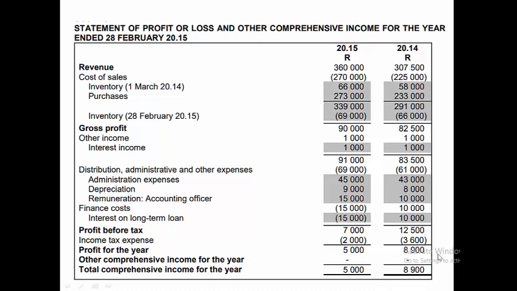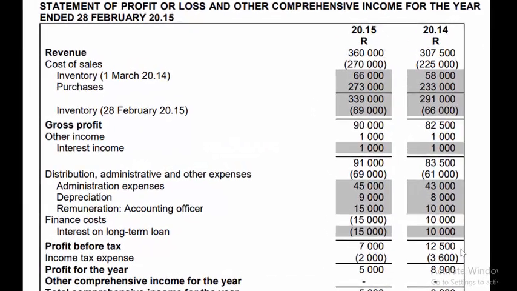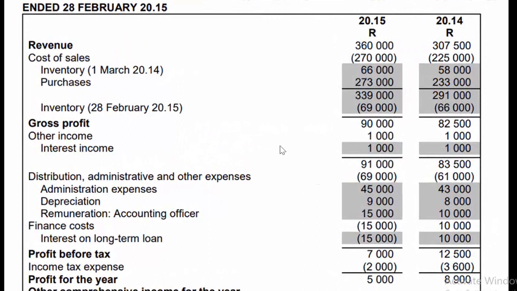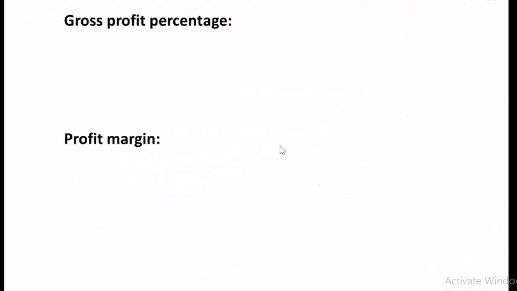To start off calculating our gross profit percentage, we should note that there is a formula for the gross profit percentage. The formula is gross profit over sales. That's when you're looking for a percentage. So let's say they say calculate gross profit. You can use the percentage by calculating on sales.